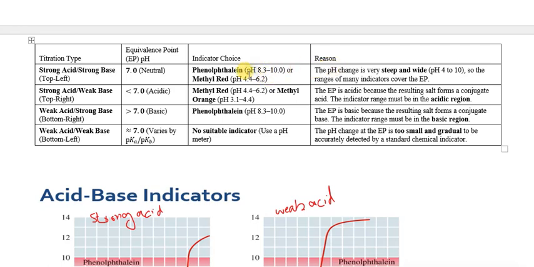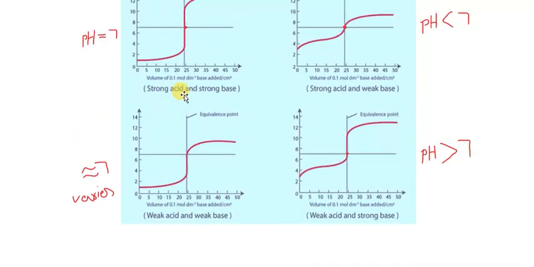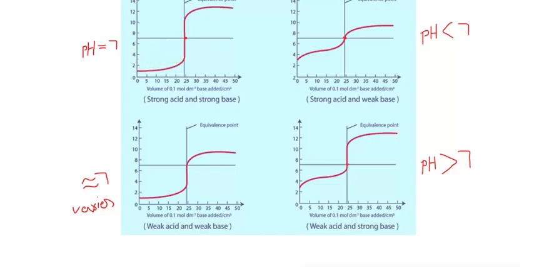We know that selection of an indicator depends upon the steepest point. In strong acid and strong base, the steep region starts from near 4 and ends at 10.